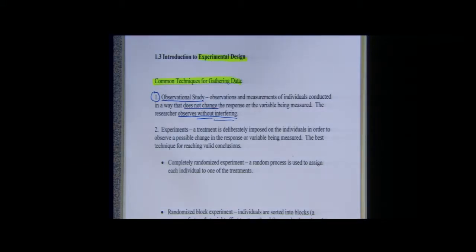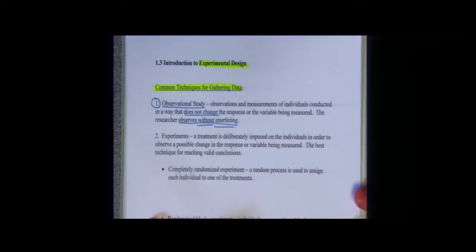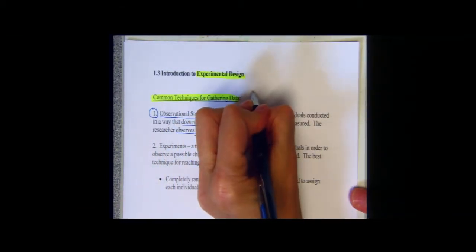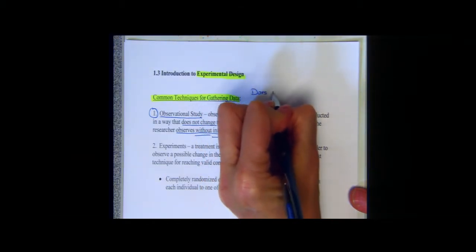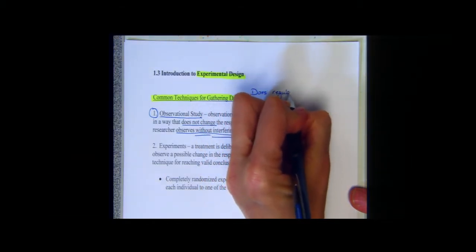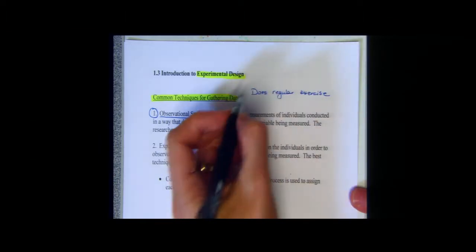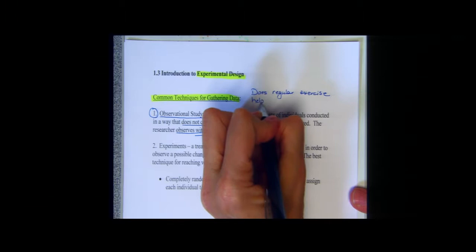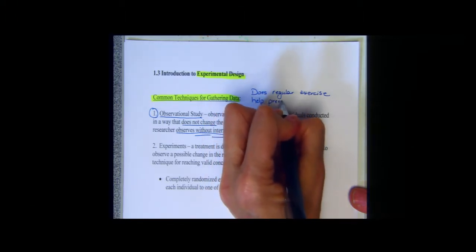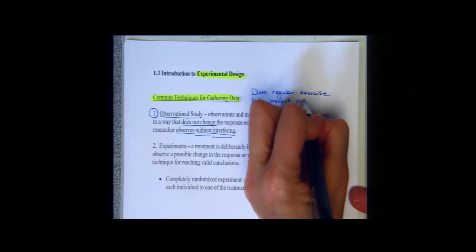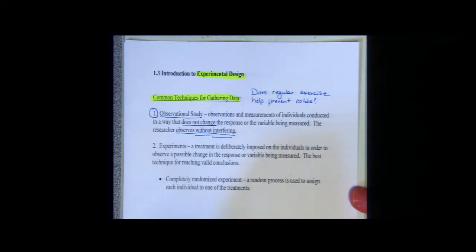So an example would be if we were doing, say, a study on: does regular exercise help prevent colds?